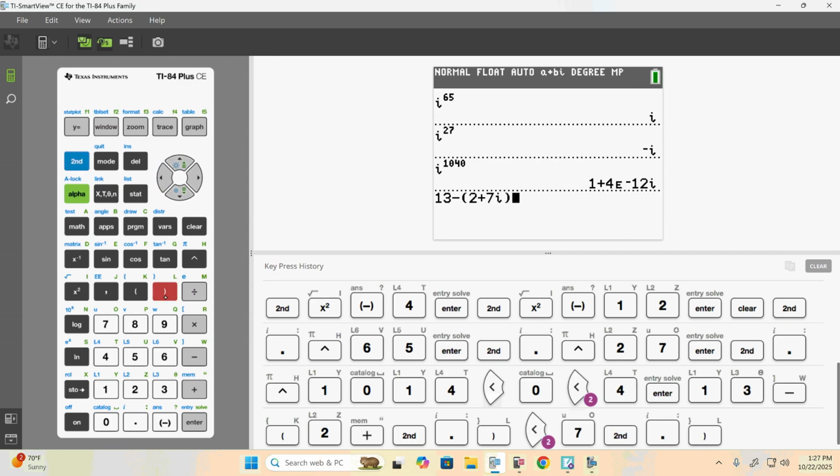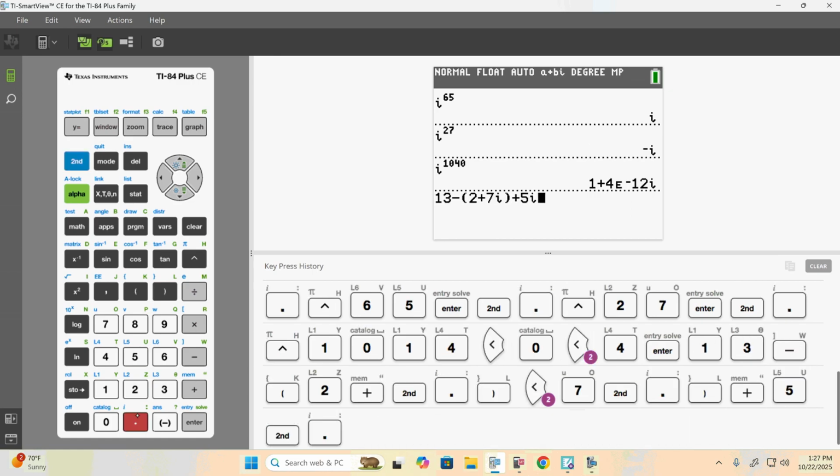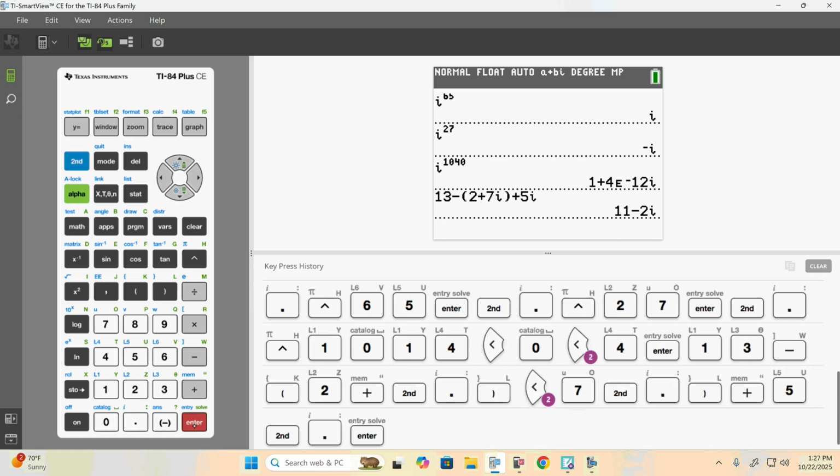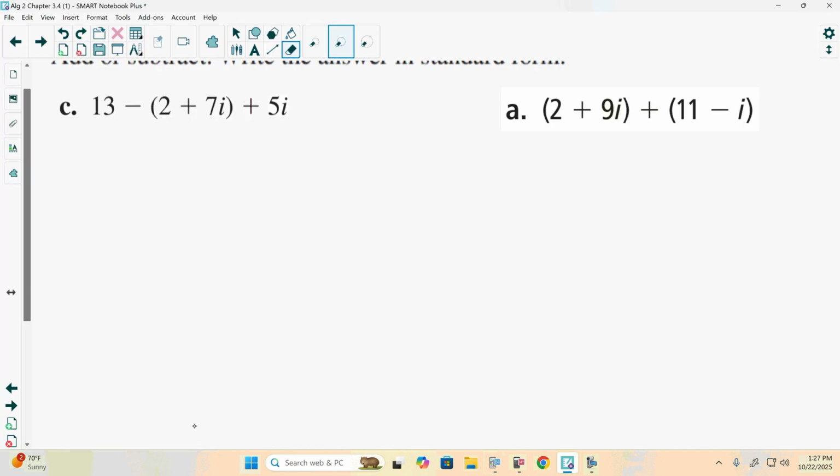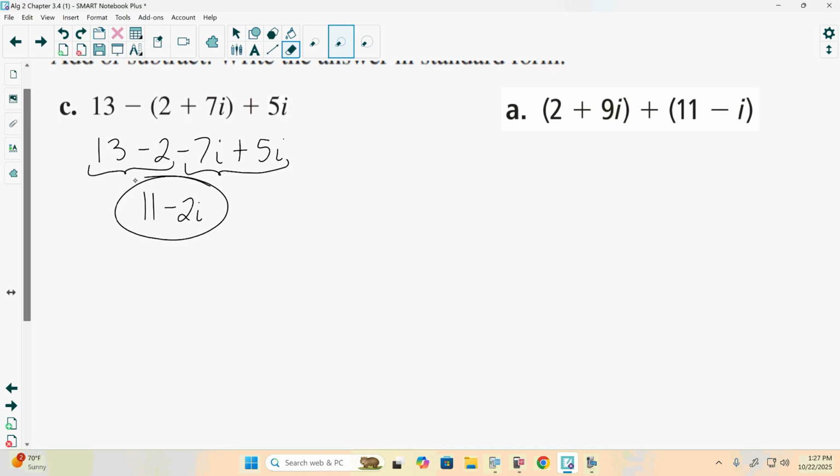And then it was plus 5i. So we get 11 minus 2i, because if we work this out, 13 minus 2 is indeed 11. Negative 7 plus 5 would be negative 2. We still have our i. And that's it.